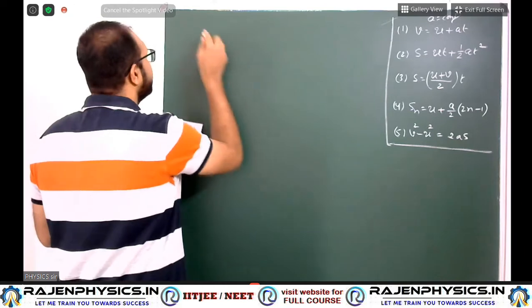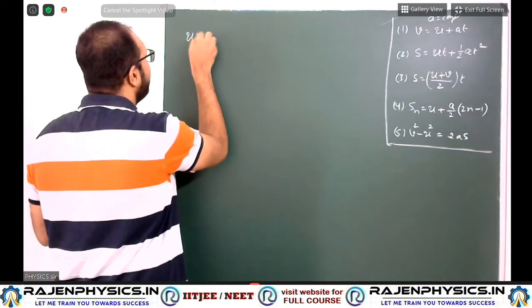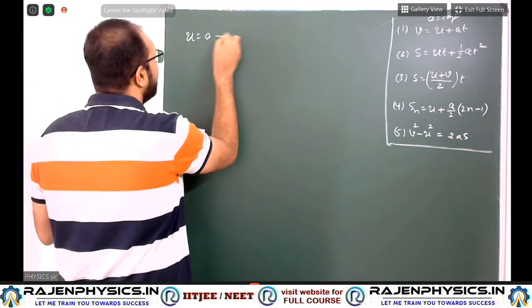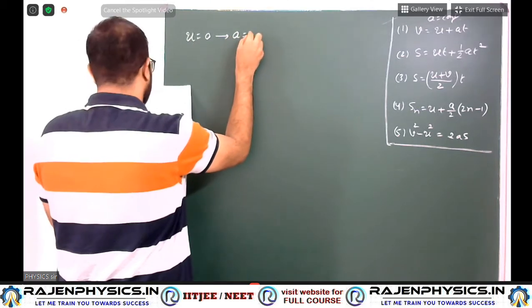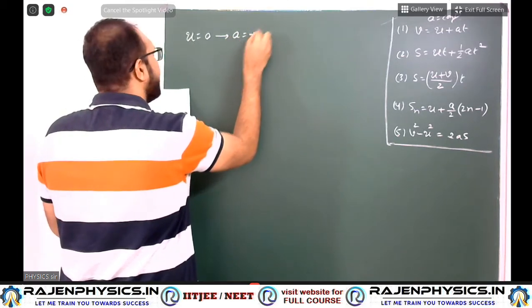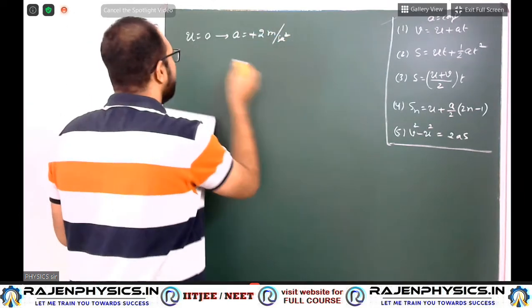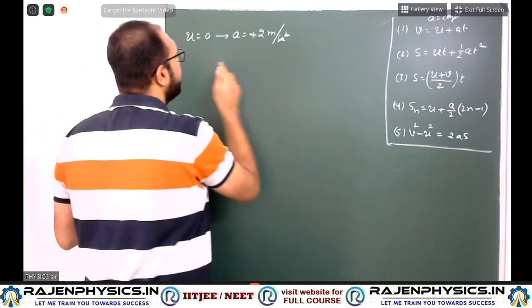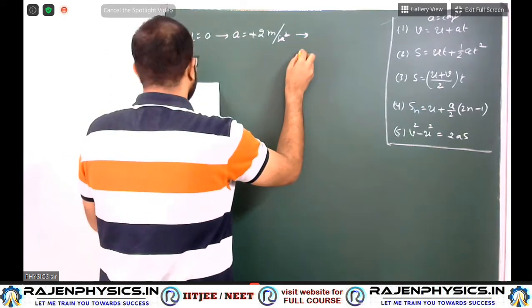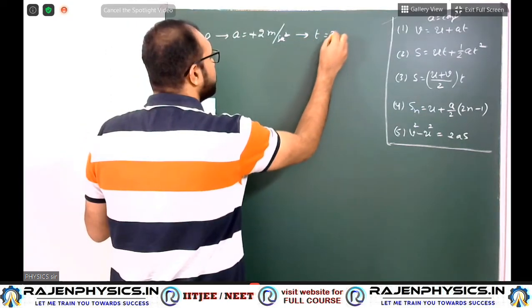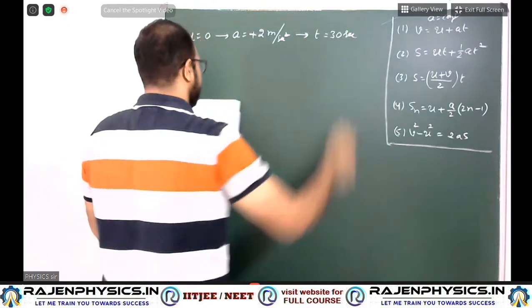Yes, the train starts from rest, U equal to 0 and the acceleration A equal to plus 2 meter per second square. This is T equal to 0 up to T equal to 30 seconds, half a minute.